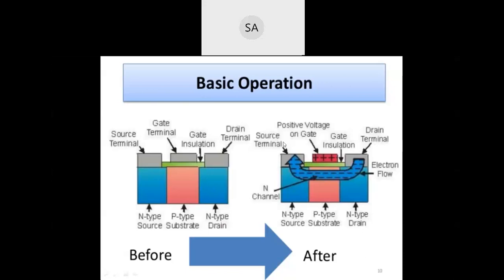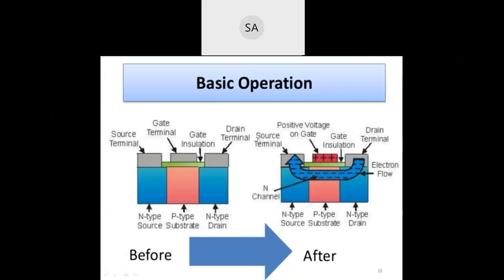Here this is the source terminal and this is the drain terminal, and this is the oxide gate insulation, with a positive voltage on the gate. We are forming this on the P-type substrate. The N-plus regions are diffused by adding impurities of negative charge carriers.